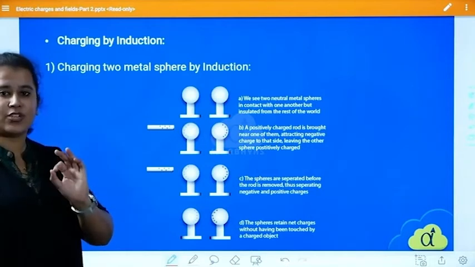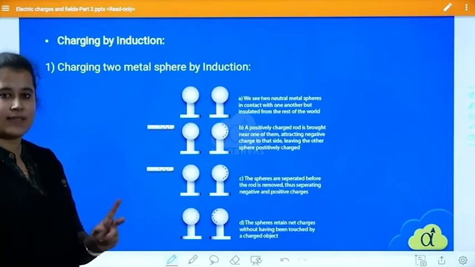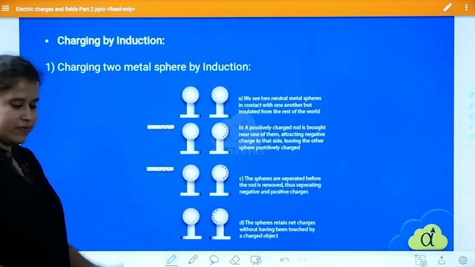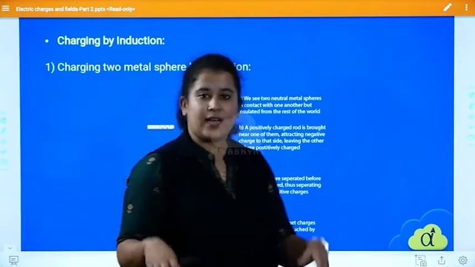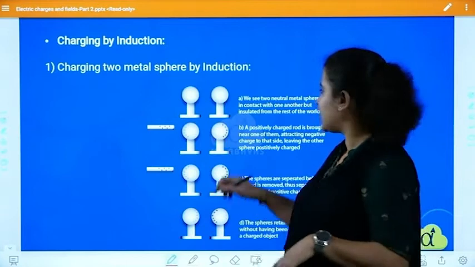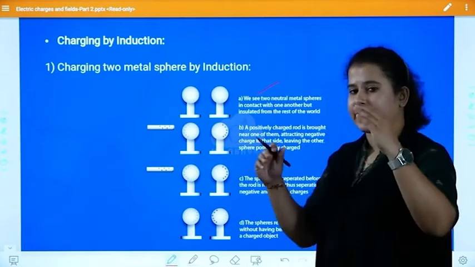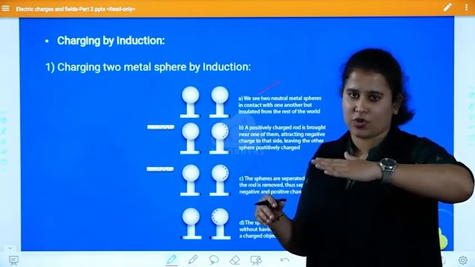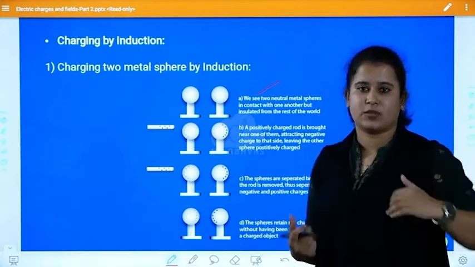I have to mention, when there are two spheres, in the first case, both will be uncharged. In the second case, I'll bring a positively charged rod near an uncharged sphere.